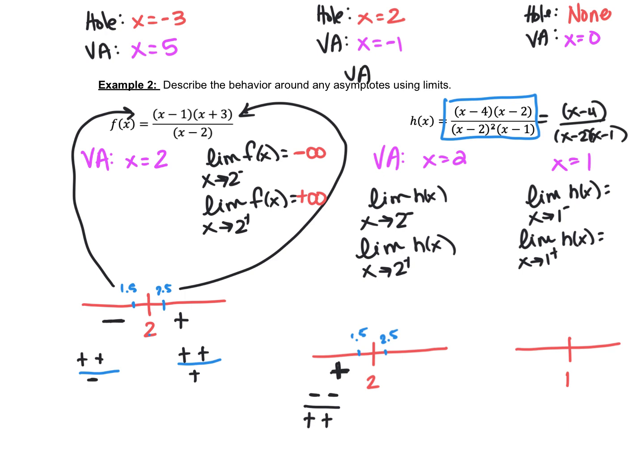Okay? So now let's do the same thing with 2.5. If I plug that in, 2.5 minus 4 would be a negative. 2.5 minus 2 would be a positive. 2.5 minus 2, but I'm going to square it, so it's going to be positive. 2.5 minus 1 would be positive. So if we look at this, negative times a positive is a negative, divided by a positive, it's going to give me a negative.